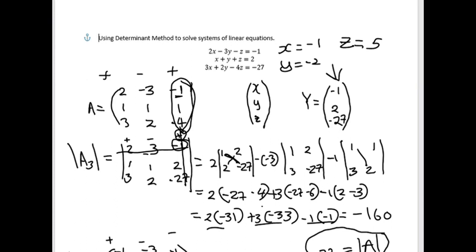You can check if you are correct by substituting each of these values into any of these equations, and if you have the value on the right hand side, that tells you are correct, like the second equation, x plus y plus z equals 12.